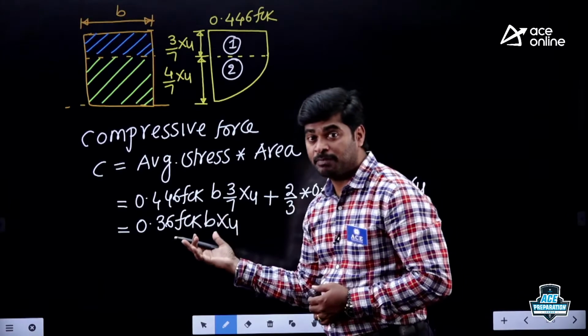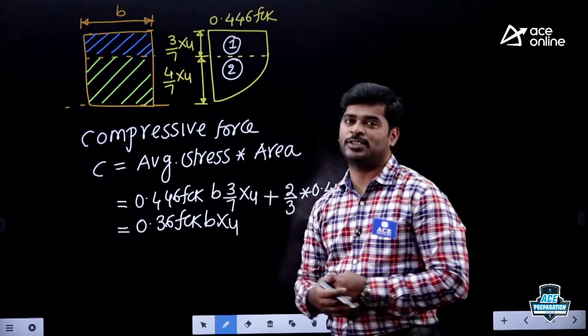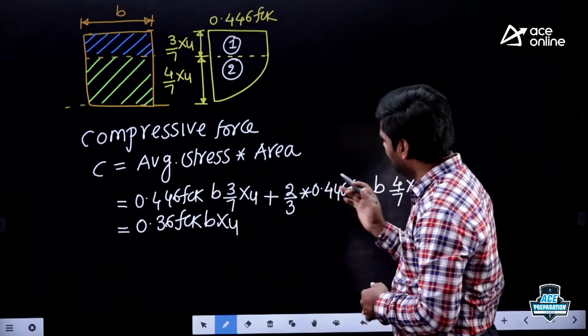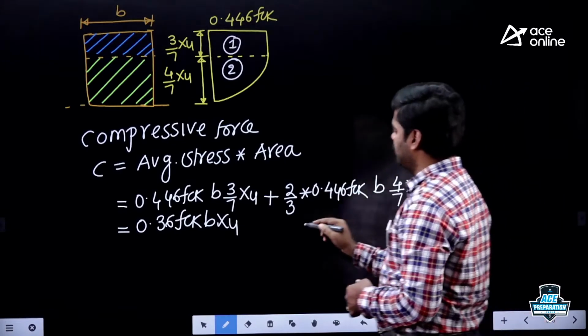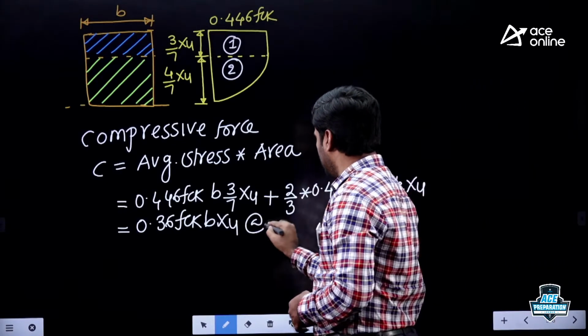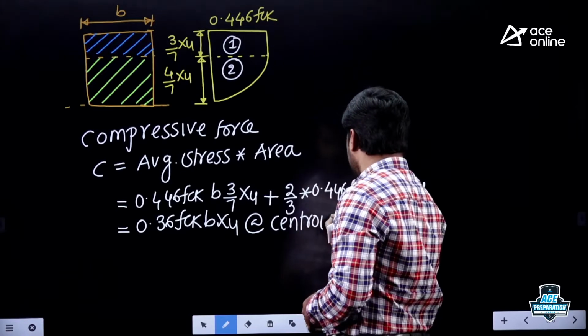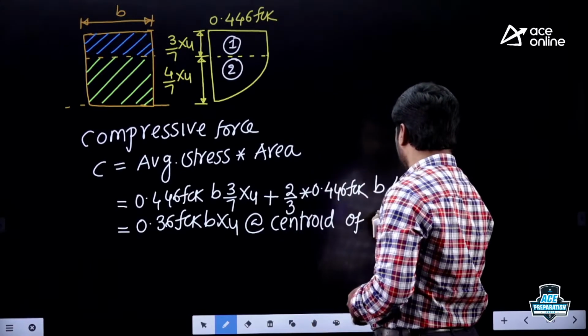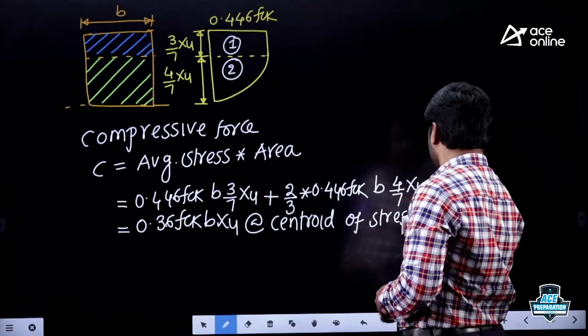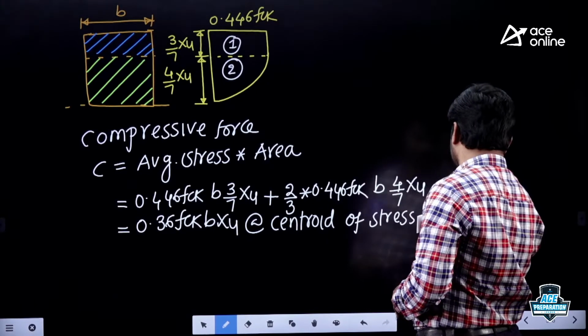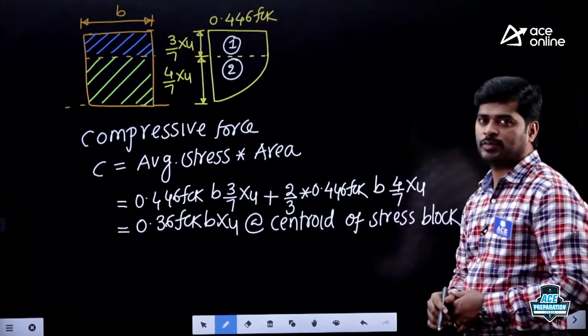How do you get it? Average stress into corresponding area. Then where is this compressive force acting? It is acting at the centroid of the stress block.